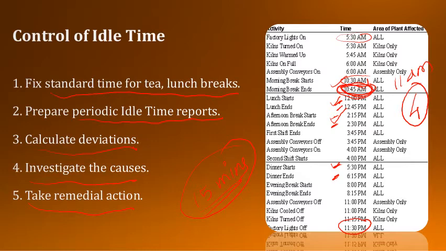If there is any problem with the machine it should be repaired. But if there is some personal cause, suppose he has gone for taking some breakfast and he came late, so action should be taken on that employee, on that worker, right? So these are various steps to control the idle time.